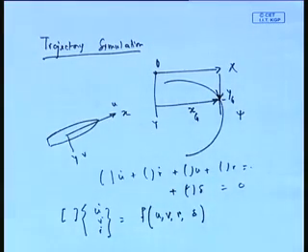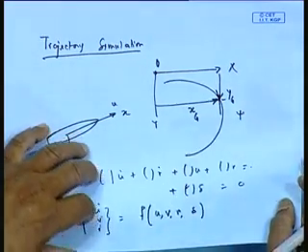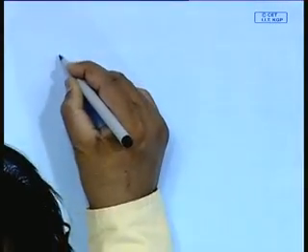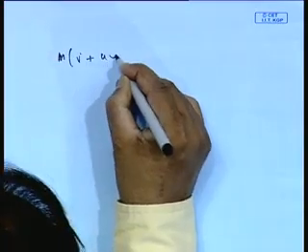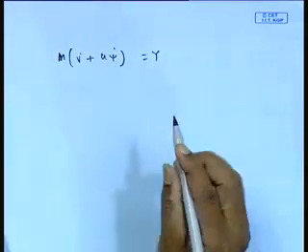An example I could have given you quickly. Let me give one. See here, for y, I had, for example, m into v dot plus u psi dot equal to y.